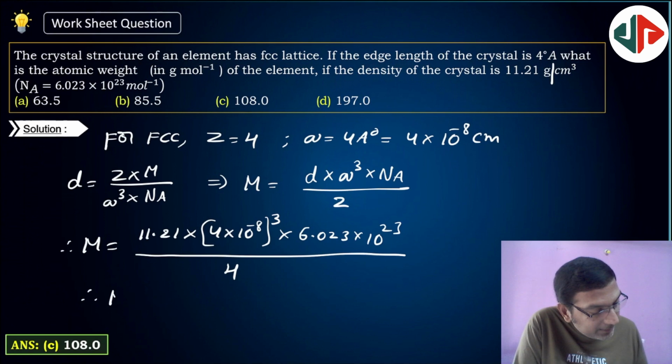So you'll get atomic mass or atomic weight as 108 grams per mole. So option C.